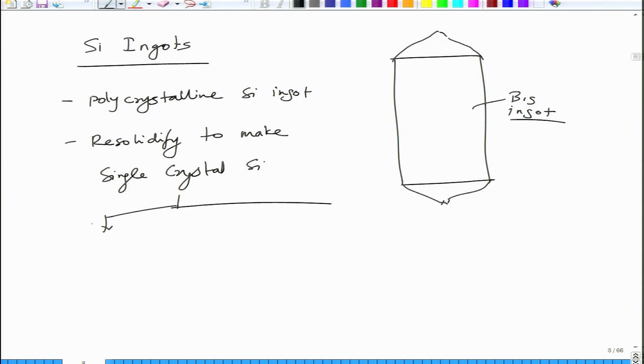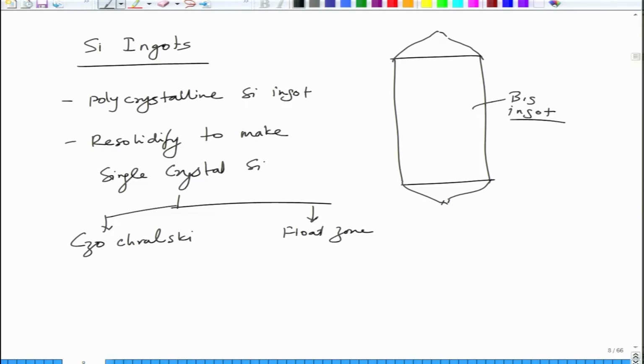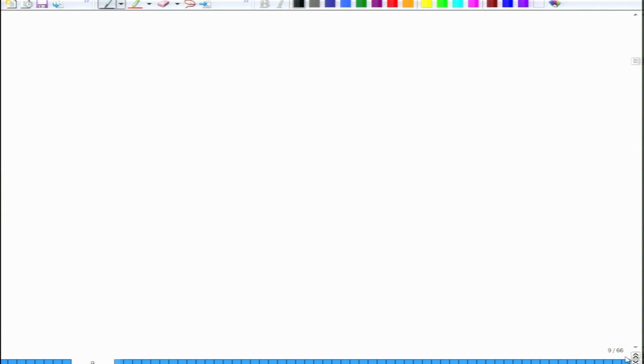First process is called Czochralski, CZOCHRALSKI, and then the second method is called float zone. So, principles of solidification and impurity segregation are used to make highly pure, highly single crystalline, highly defect free silicon.